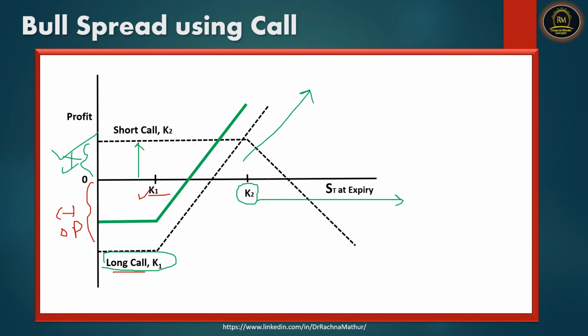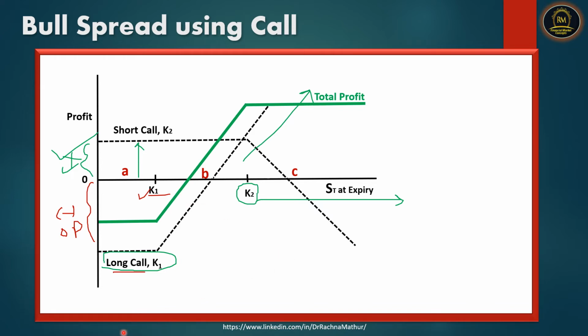The total payoff of the strategy, the total profit, can be seen with this green line, and the profit of the individual strategy can be calculated with the probable position of the stock price at the time of expiration. Either the stock price would be below K1, the lower strike, or between the two strikes K1 and K2, or higher than K2.